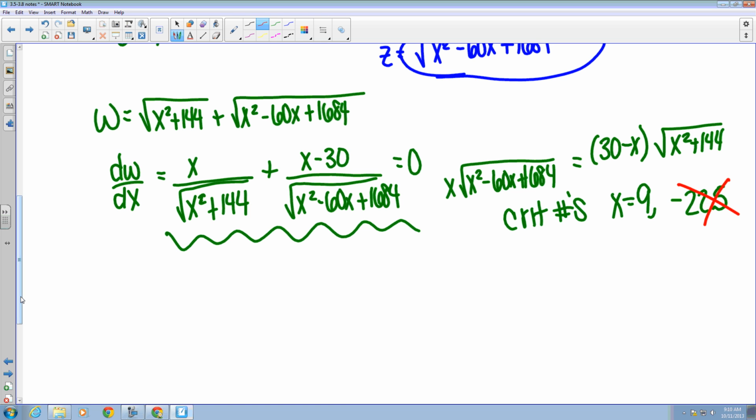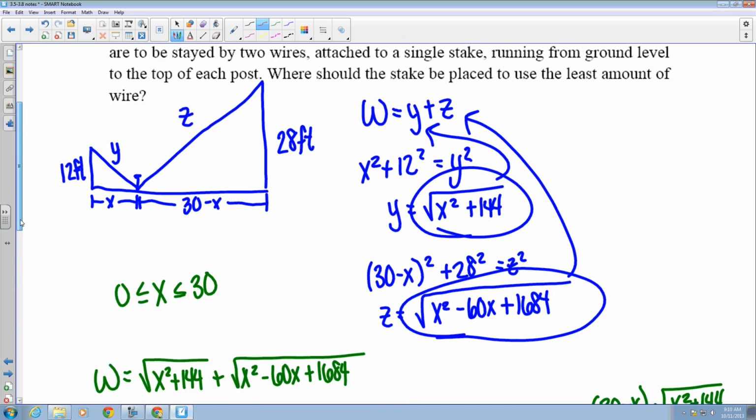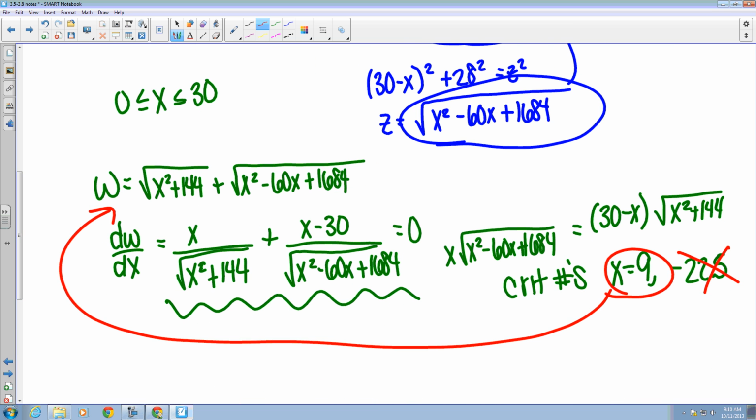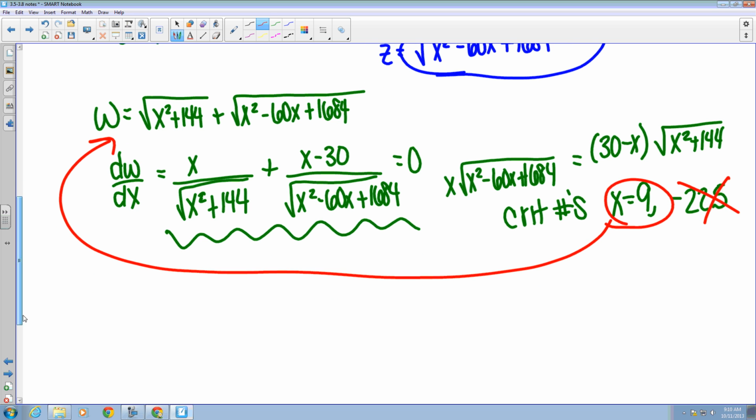Okay, so the 9 we need to put in for w. We just put the 9 into w right here. w of 9 is 50, so we know that that is our minimum. That was the only critical value that we had.